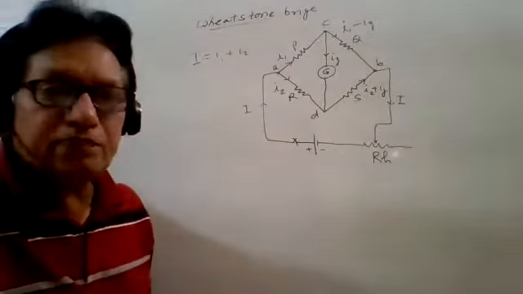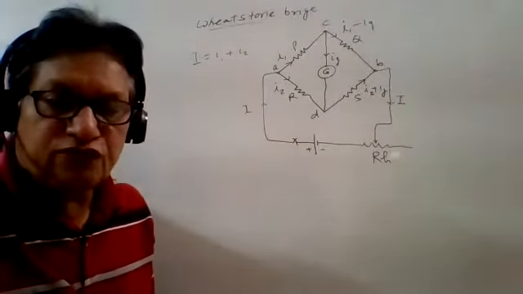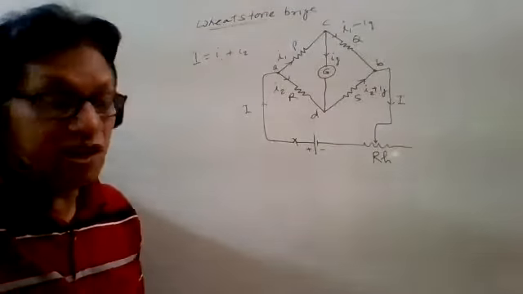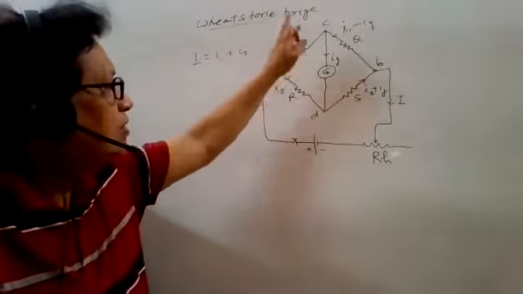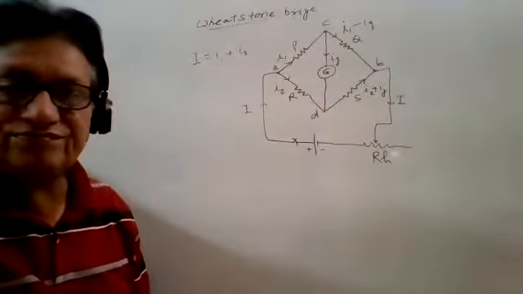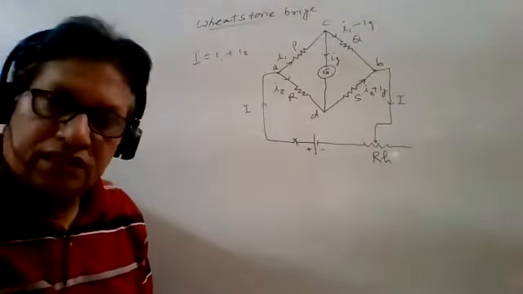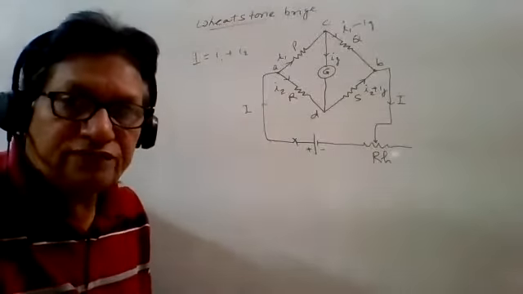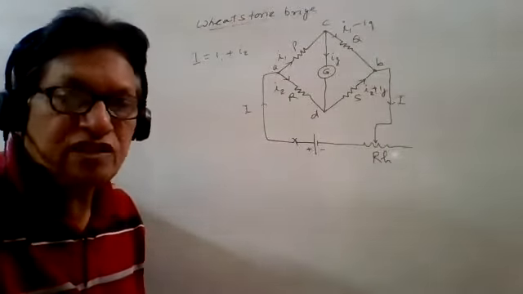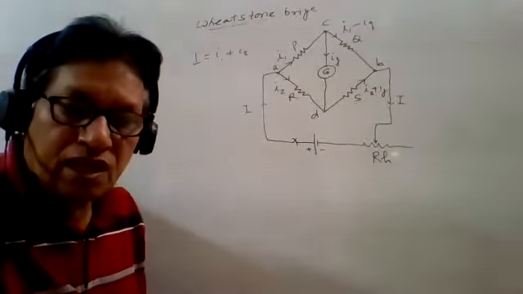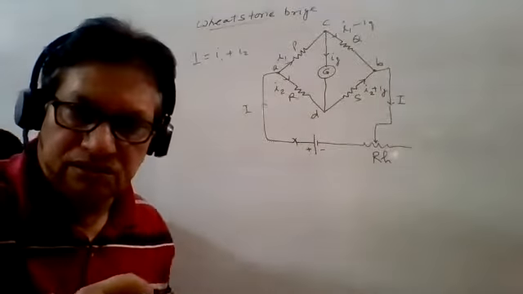Now we are applying Kirchhoff's voltage law. We applied Kirchhoff's current law at the junctions A, B, C, D, but now we are applying Kirchhoff's voltage law. If we are applying the Kirchhoff voltage law, the circuit must be closed.